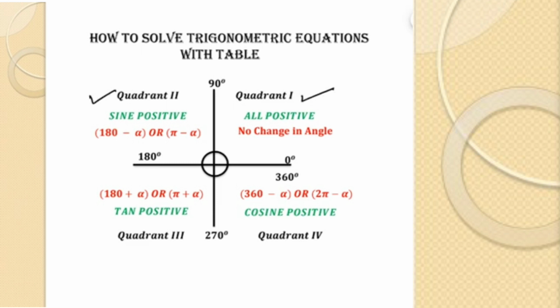In the first quadrant there is no change in the angle, and in the second quadrant you need to subtract the basic angle alpha from pi. Here alpha remains equal to x or theta, and you can subtract from 180 or pi, depending upon the domain.